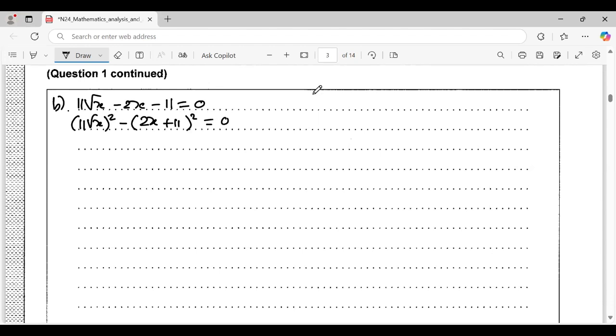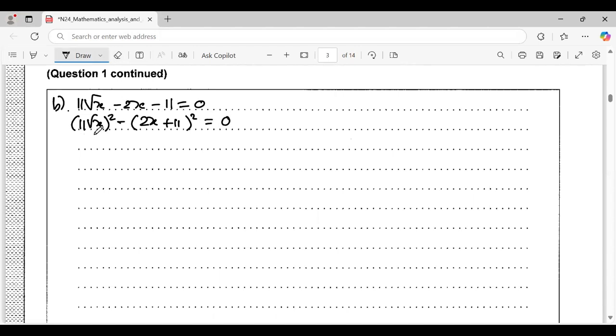You may set it like this or like this, it's the same, but I would like to write it like this.